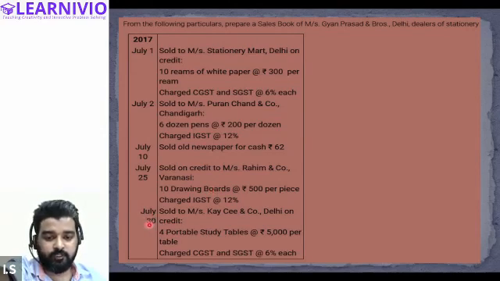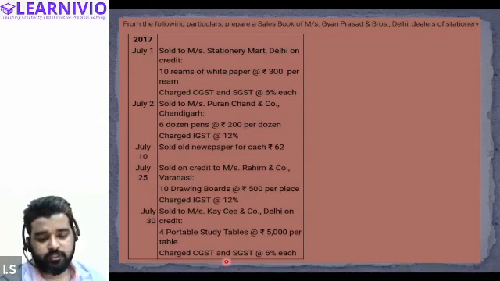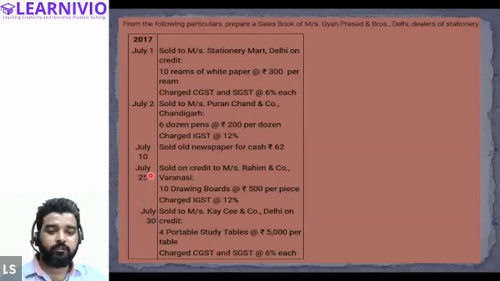And on July 30 also, we are selling to Messrs. K and C and Company. And we are selling study tables, right? So this is also a stationery product. So all of these will be recorded in the sales book except the transaction that we have done on July 10. So please solve this question, make a sales book.